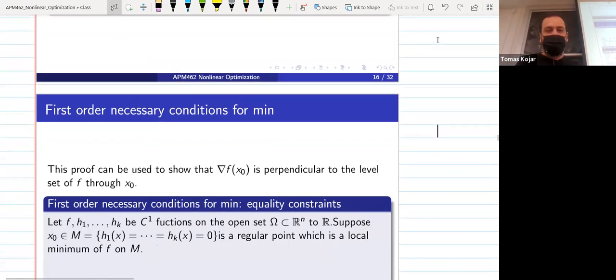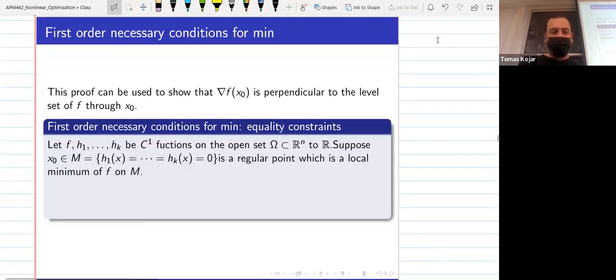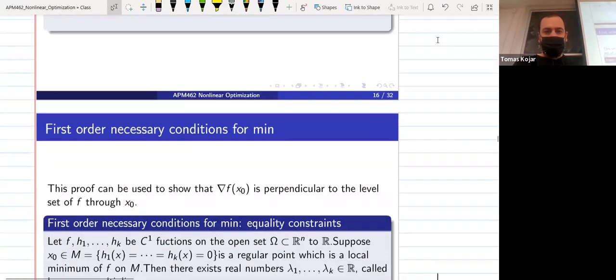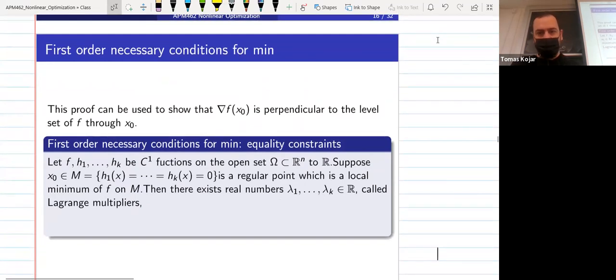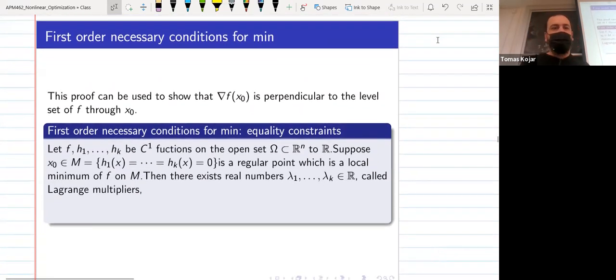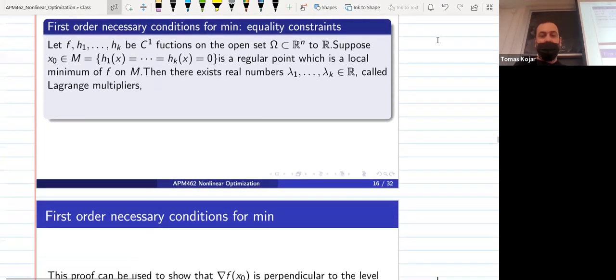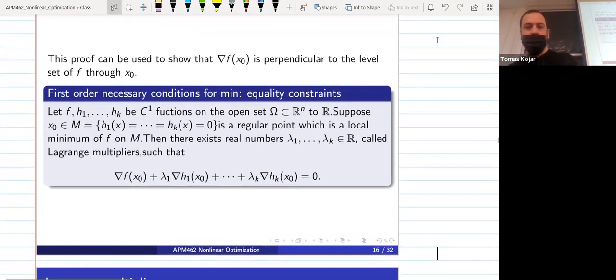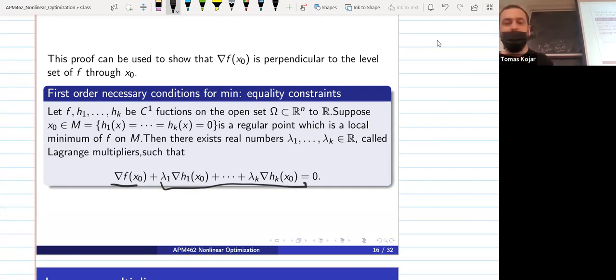So this is the surface, and you have a point on that surface and you know it's a regular point. Then I'm going to prove the first version of Lagrange multipliers, namely that the gradient of f is parallel to all the constraints, like a linear combination of the constraint gradients.